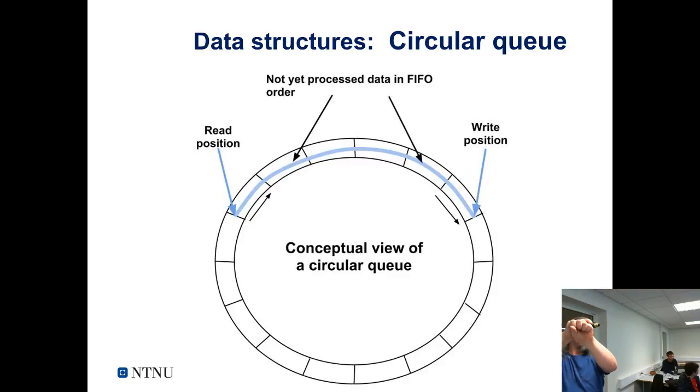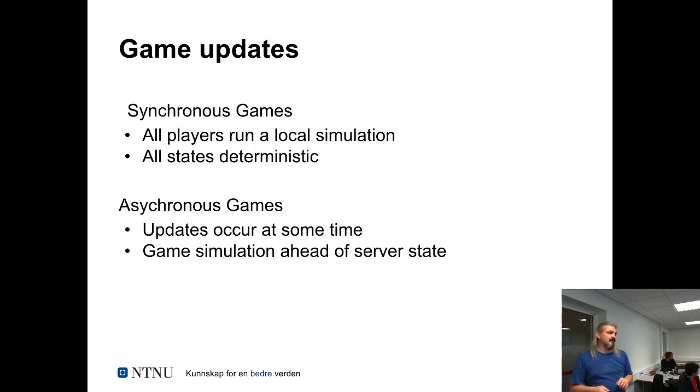At that point it can't write, because I haven't read this data and you want to overwrite it. At that point I go, sorry, buffer full, buffer overload, and I just start rejecting packets. So circular queues are usually the way that data is stored.